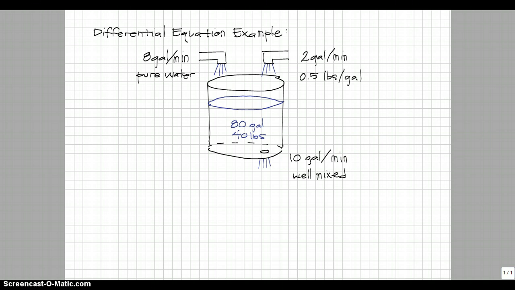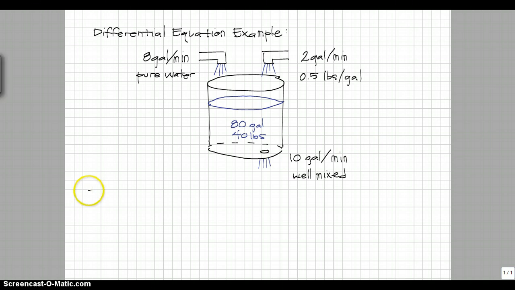But what we're going to be asked is to write a differential equation that can be used to solve for a function for the amount of salt in the tank at time t. And we'll go ahead and call that function s.